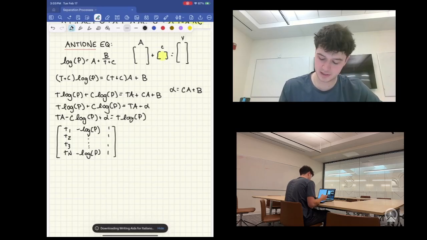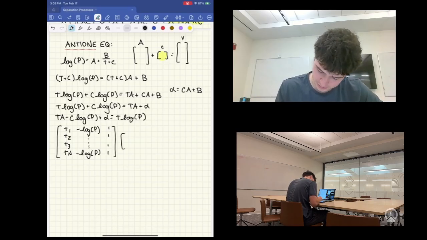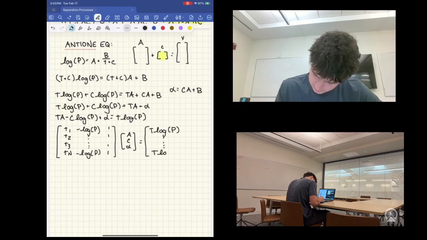Now, what we will be multiplying this out by will be our coefficients, which we have labeled as A, C, and alpha. And this is going to equal our final term of T log of P.